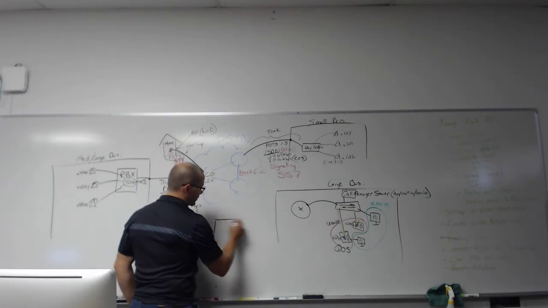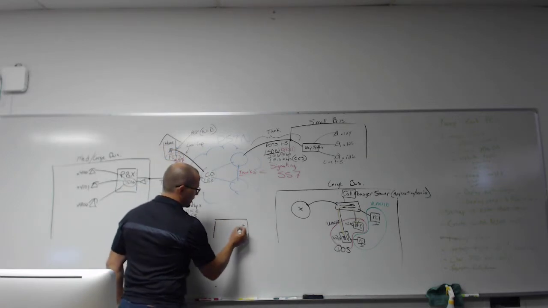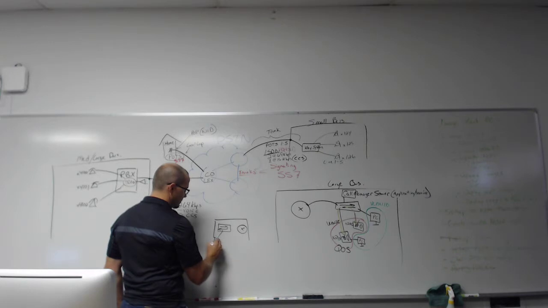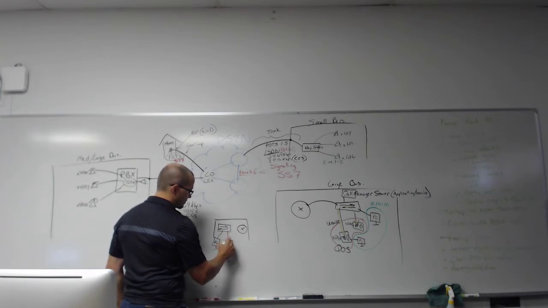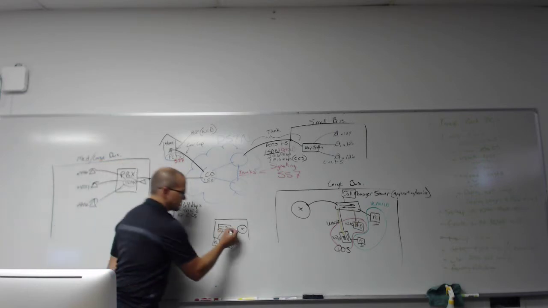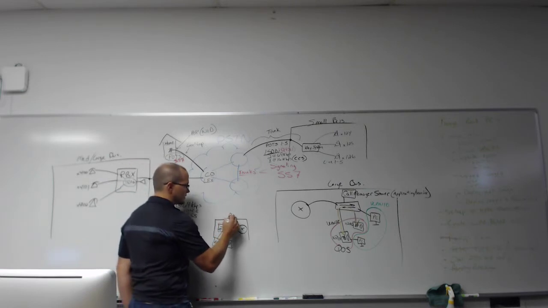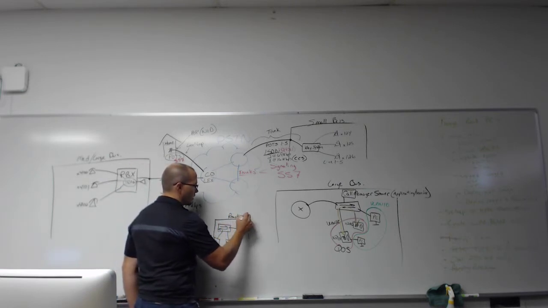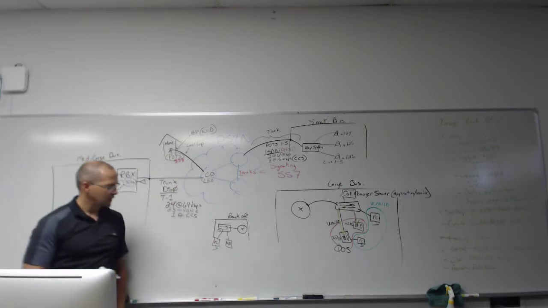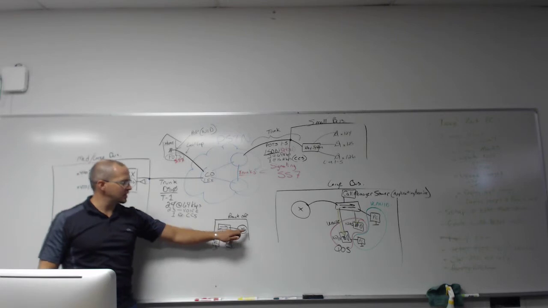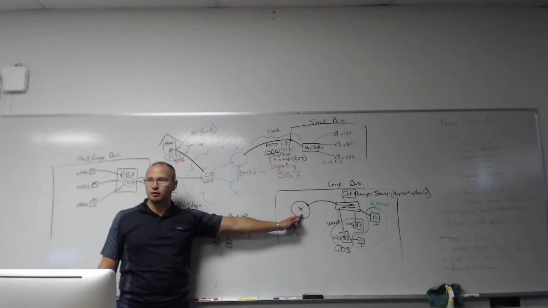If I have a remote office, I'm going to have a router, and I'm going to have phones and computers hooked up to a switch. That switch is going to have a connection to that router. We'll call this the remote office. So this remote office is going to have some sort of connection from their router to this router.